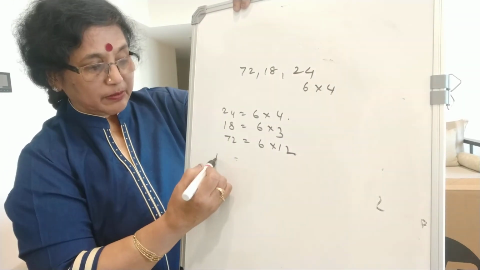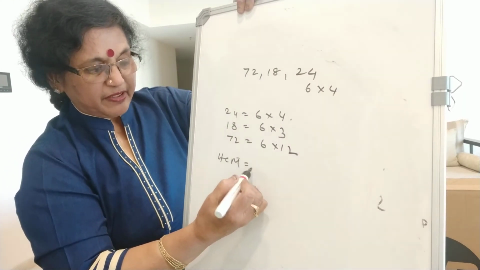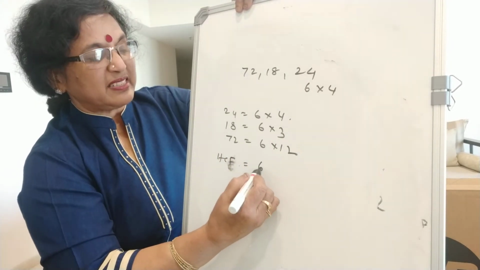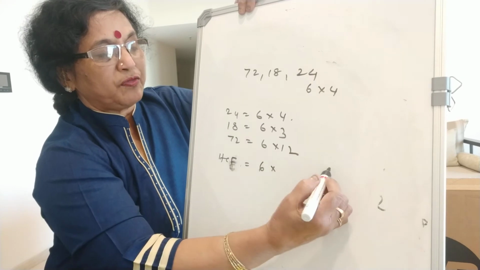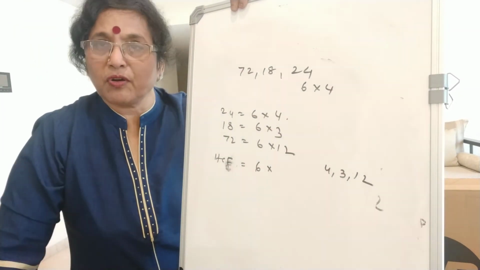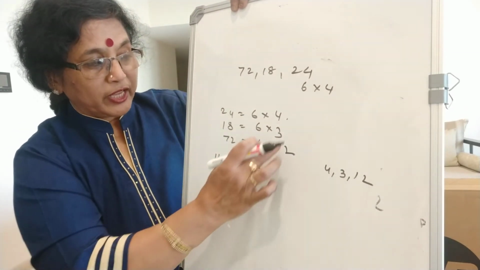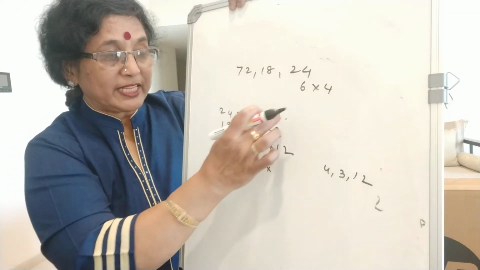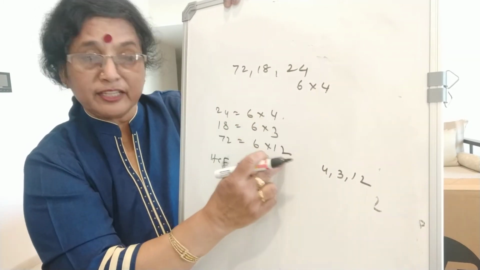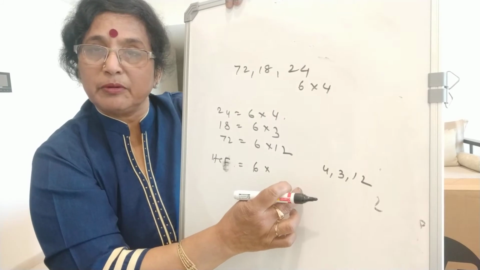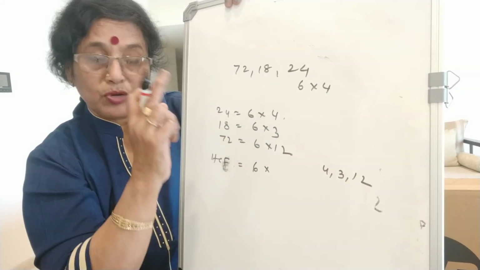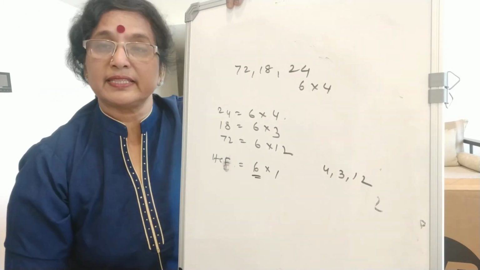The HCF, highest common factor, is 6. And what is the HCF of 4, 3 and 12? The HCF of 4 and 12 is 4, but 4 cannot divide 3. The only common factor between 4, 3 and 12 is 1. So 6 is the HCF.